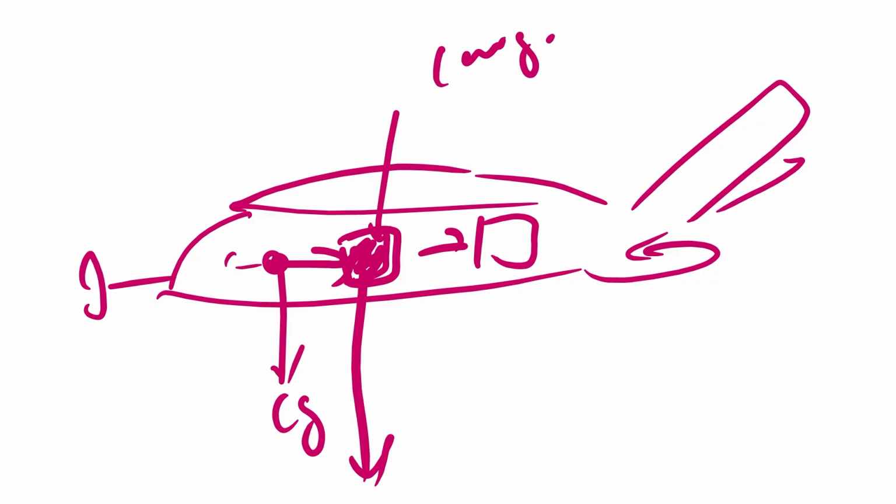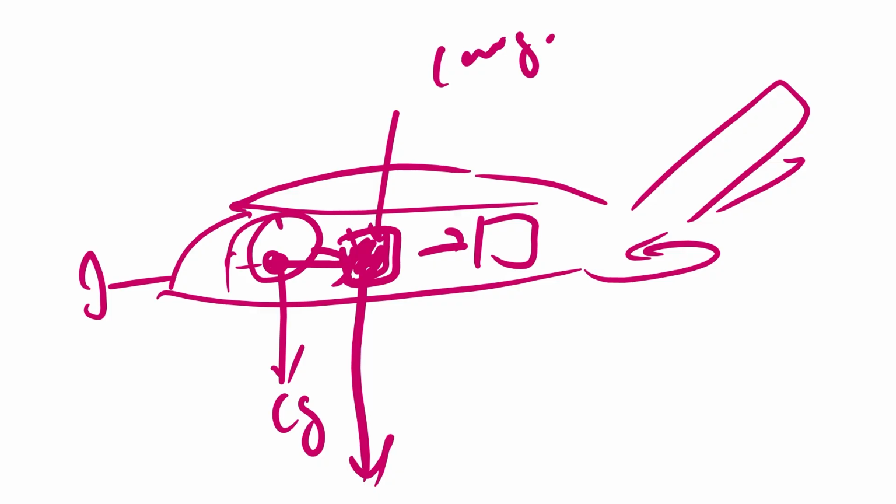So you have to make sure that the CG is at the correct place for the aircraft to climb normally and fly normally, right? We have to balance all these things in order for the aircraft to have a very safe flight, right?